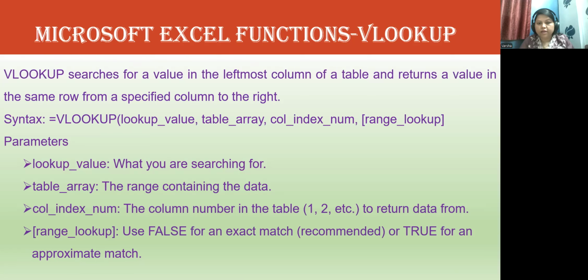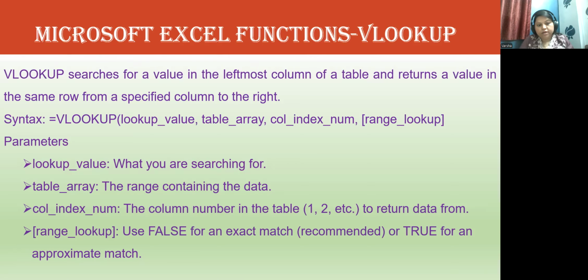VLOOKUP searches for a value in the leftmost column of a table and returns a value in the same row from a specified column to the right. Syntax is equal to VLOOKUP, lookup value, table array, column index number, and range lookup.